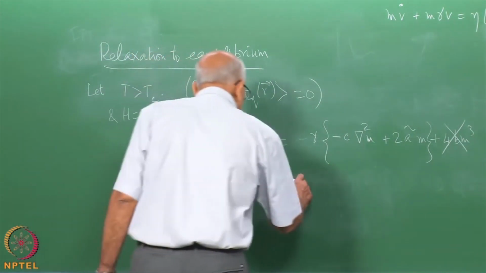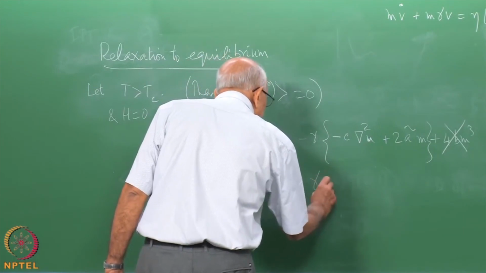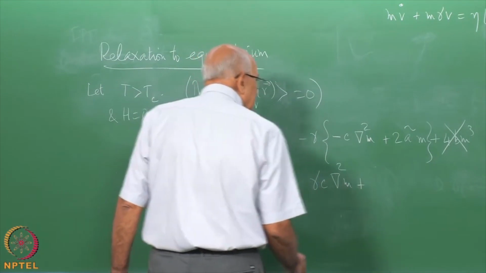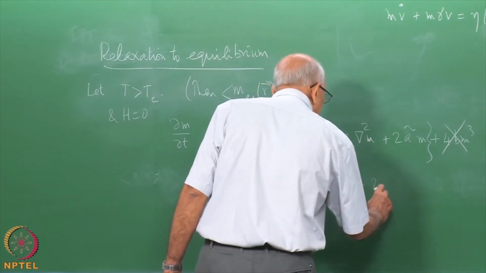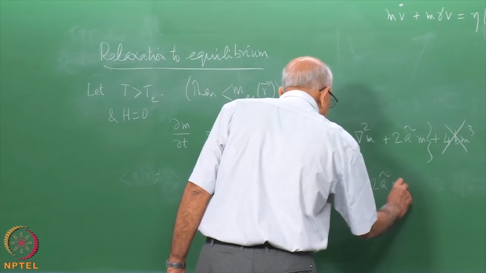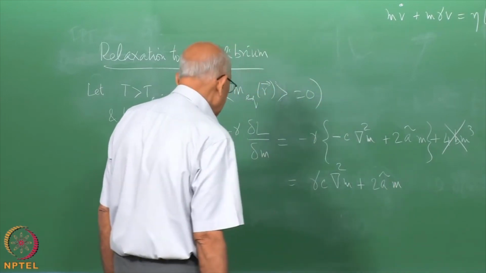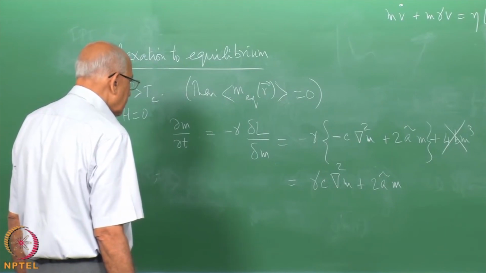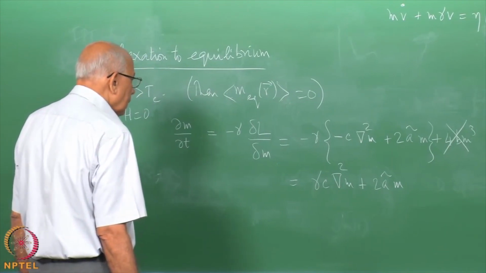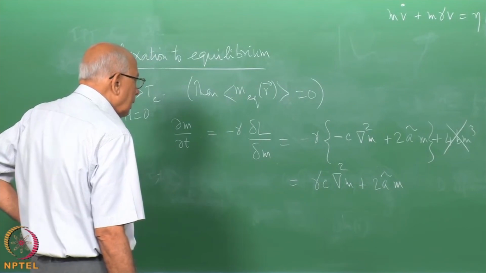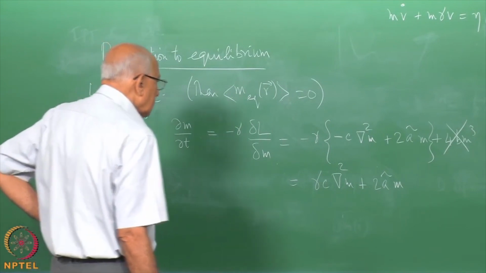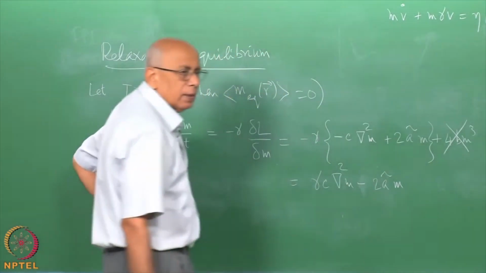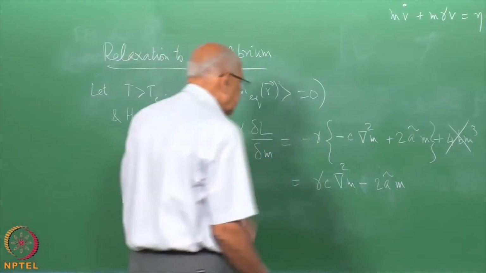So this is equal to gamma c del squared m plus 2 a tilde m. I am unhappy with the sign. Minus gamma a tilde m.